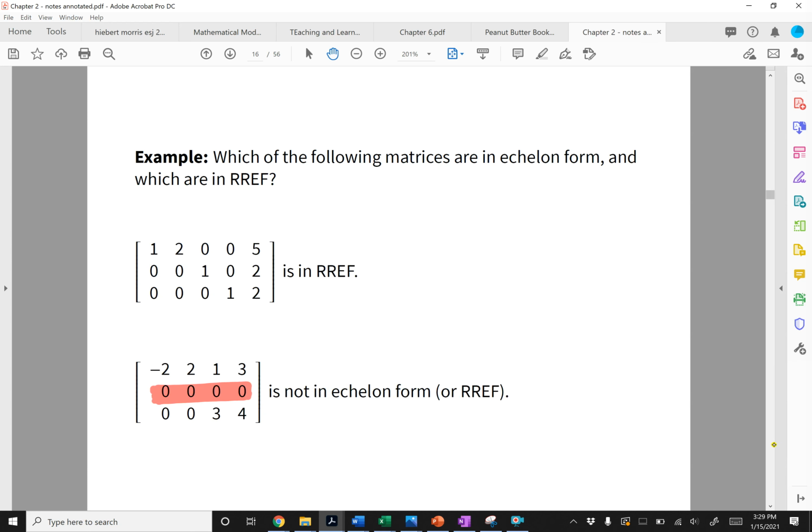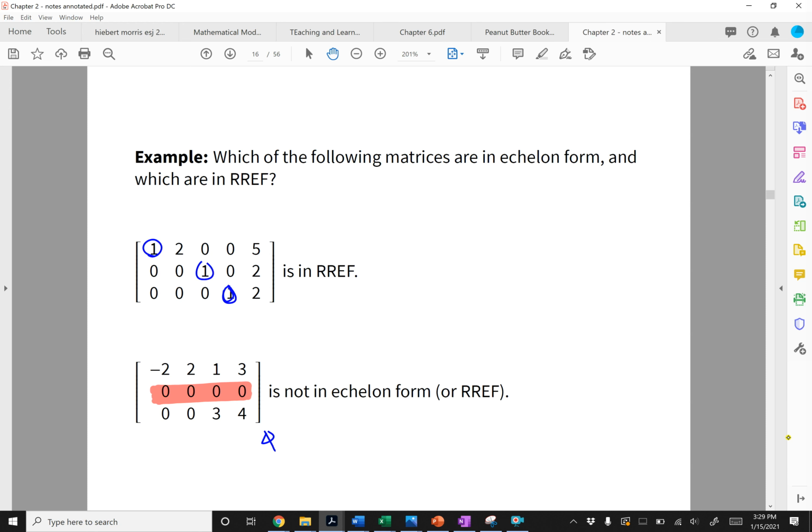Okay. Which of the following matrices are in echelon form and which are in reduced row echelon form? So this is in neither, because the zeros all have to be at the bottom. This is in reduced row echelon form. If I look at any leading entry, all of the leading entries in the rows above it are to the left. So I have the 3 leading entries here. None of them are stacked.